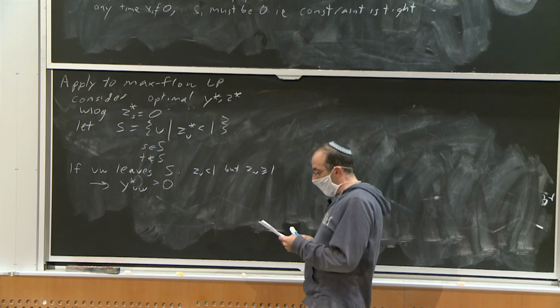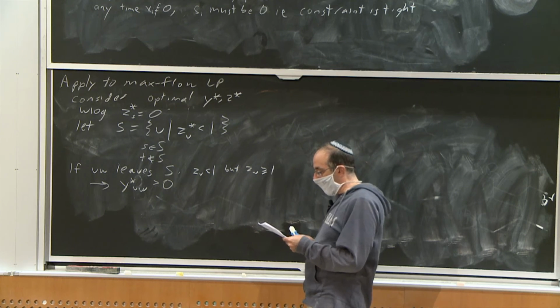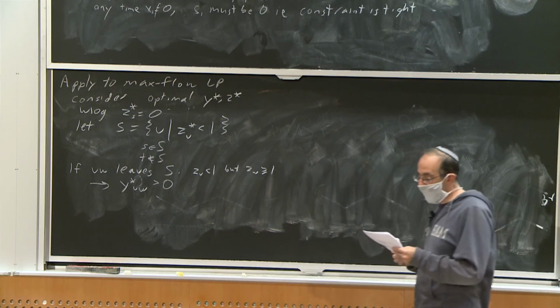Now, if y star VW is greater than 0, what does complementary slackness tell us?